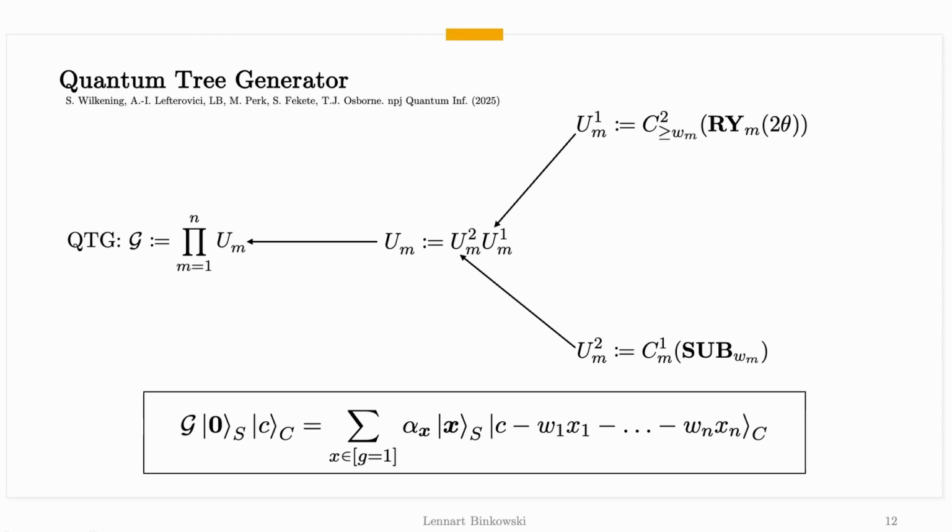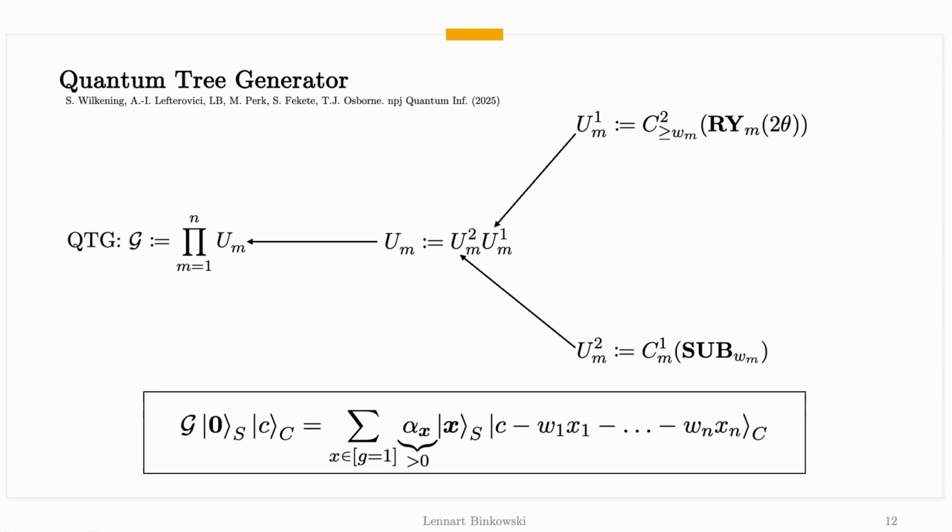And by this, I really generate a non-uniform superposition of all the feasible states to the knapsack problem. Namely, I apply the QTG to the product state all 0 in the main register and knapsack capacity C in the capacity register, and end up with some superposition over all feasible bit strings together with their remaining capacity.